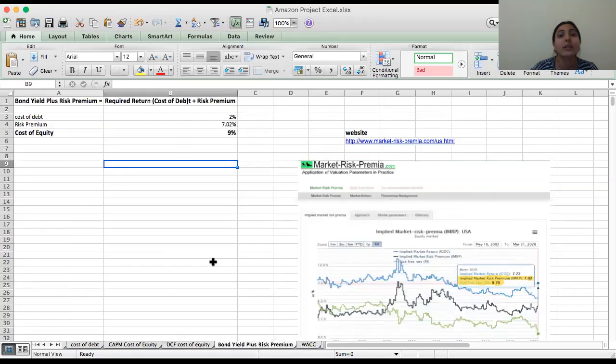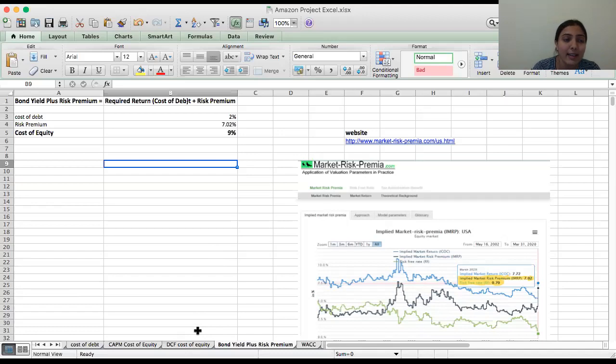Let's move on to the third and last method for finding the cost of equity, that is bond yield plus risk premium. This method is the simplest of all three. You only have to add the cost of debt plus the market risk premium. We have already found the cost of debt earlier, and the same amount I have applied here. I also found the risk premium for my CAPM cost of equity formula.